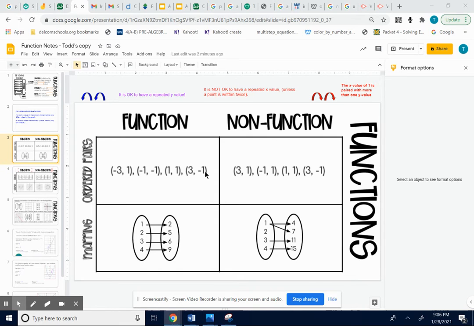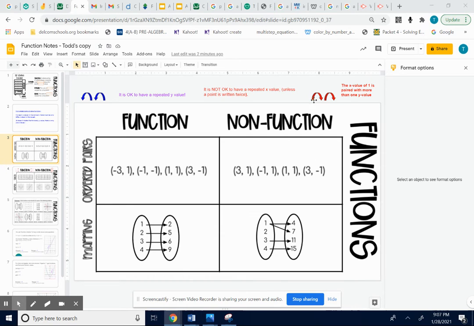Let's look at a set of ordered pairs that isn't a function. Look at this 3. This x value of 3 is paired with 1, but look over here on the last point: the x value of 3 here is also paired with a -1.